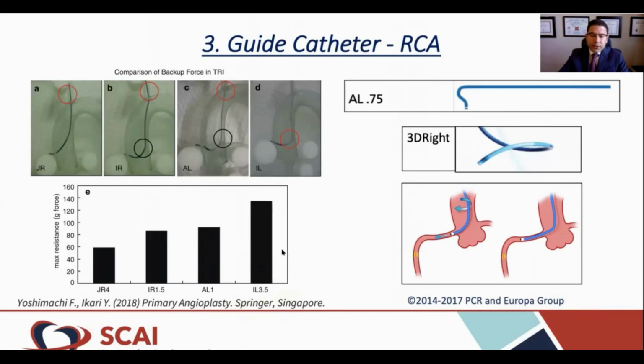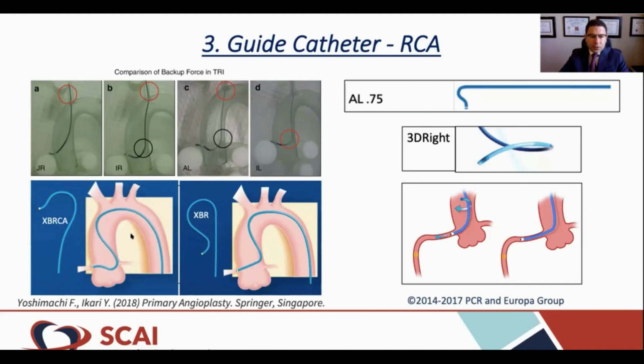Three is guide catheter shape. Note that left-sided guides like the Ikari 3.5 guide are very good at supporting a right coronary artery intervention, even more than an AL. A lot of us have AL 0.75 as one of our favorites for complex right coronary interventions. The 3D right is phenomenal for distal right coronary artery interventions by torque and counter-torque.